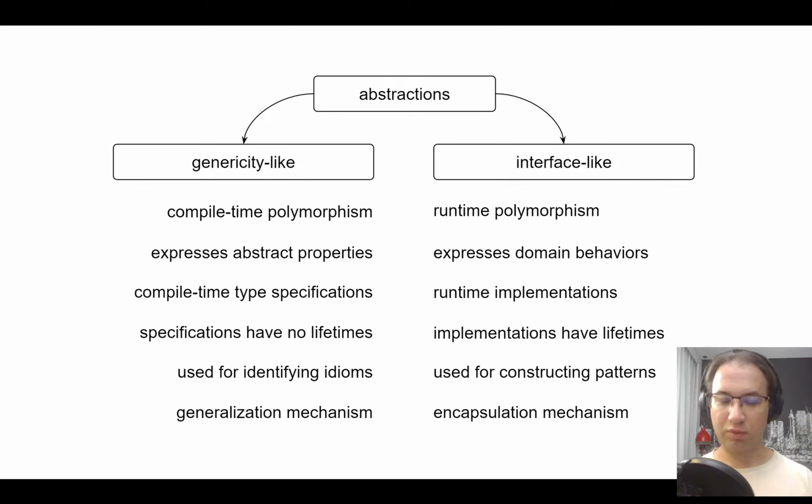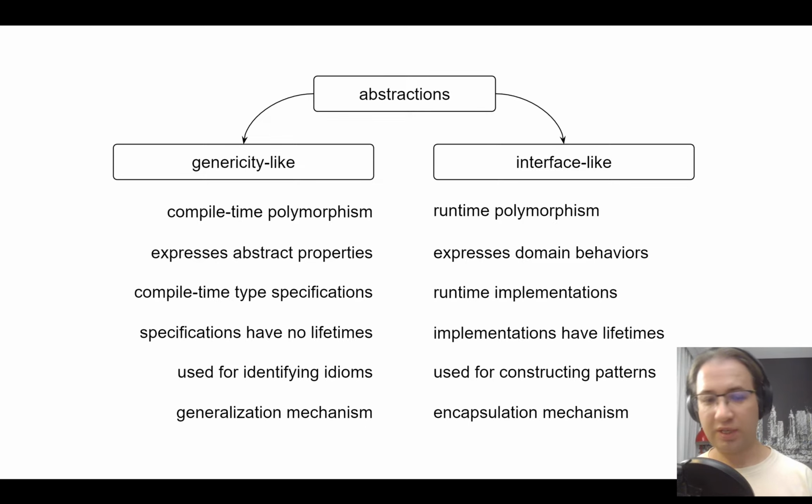They can be defined on the level of types, meaning they have some relation to compile time, but they work at runtime and have objects or implementations behind the interfaces, and these have lifetimes. They have a specific representation while the program is running, but genericity-like abstractions mostly vanish after compilation. They don't really have a representation at runtime.